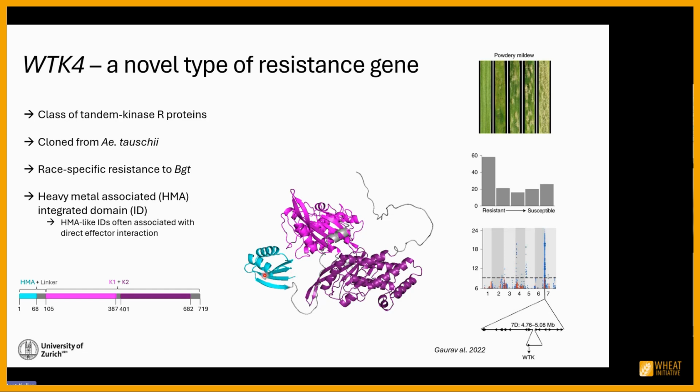And you might know from work on NLR immune receptors that some NLR immune receptors contain an integrated HMA domain. These are mostly rice resistance proteins. And here we find this domain now also in this WTK4.